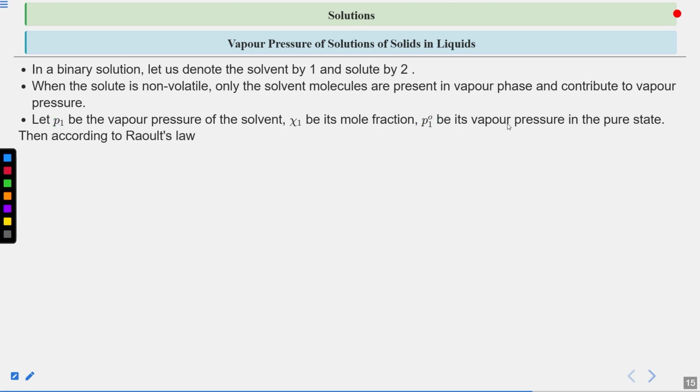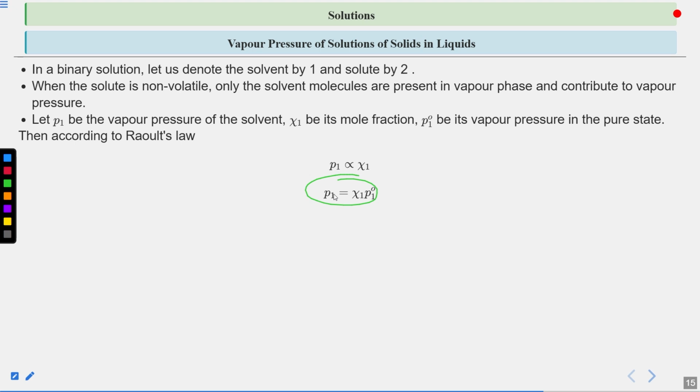Then according to Raoult's law, if we apply Raoult's law for solids in liquids, so initially we were applying it to liquids in liquids, now we are applying it to solids in liquids. And since only the first component is volatile, we can apply it for the first component only and not the second component. So we can write P1 is directly proportional to χ1, or P1 = χ1 P1⁰.